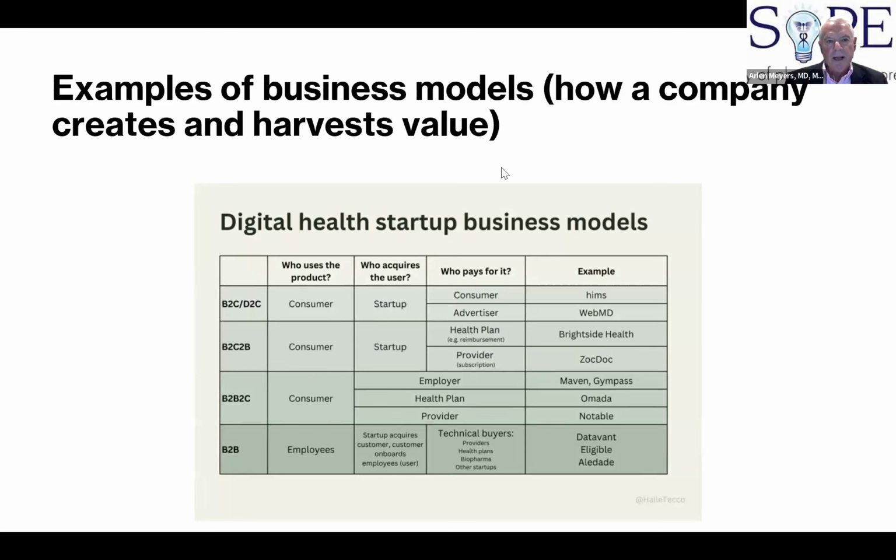So again, I just want to bring out this notion of what is a business model, because some people may not be familiar with that. It's basically how a company creates and harvests value. There are lots of different digital health and AI startup business models. Essentially it has to do with who sells to whom, who buys, who's the customer, are there intermediaries, what does the value chain look like, what is the model you're going to use to generate revenue.